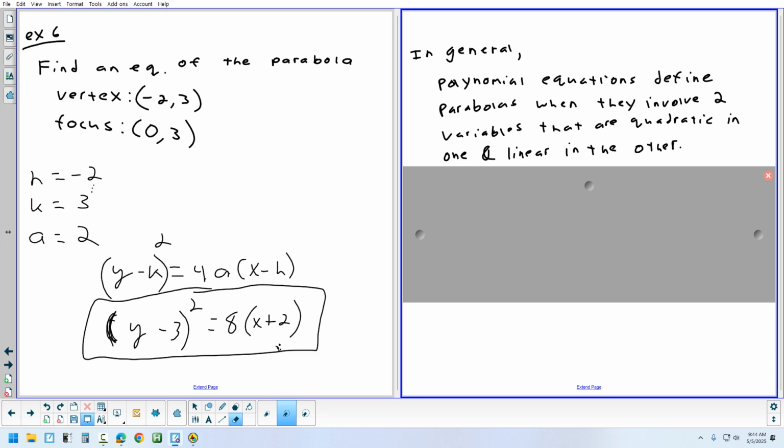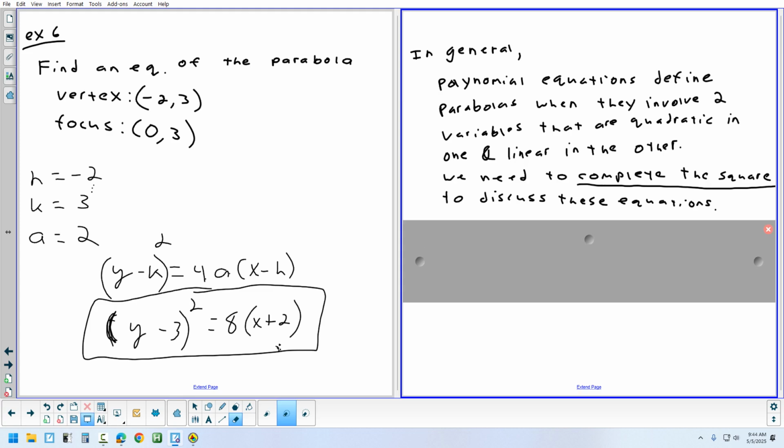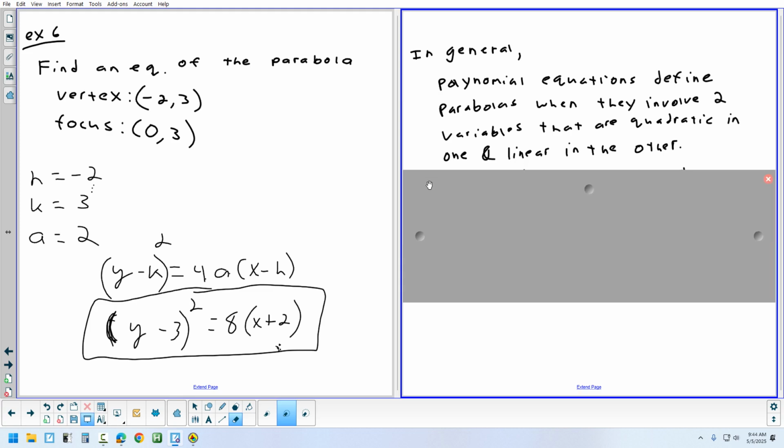All right, so let's try one of these in reverse of what we just did. In the video, there is something about completing the square. We're not going to do that part of this lesson.